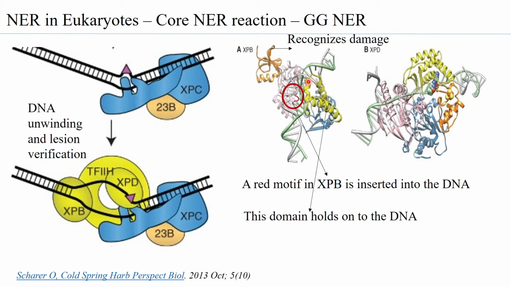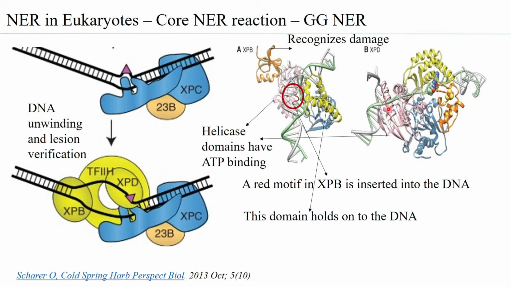Now, this part of the domain of the protein holds on to the DNA. So this only has a role of holding on to the DNA, and this domain, apart from having this motif that can insert itself into the duplex, also has helicase activities, and it also has ATP binding domains.